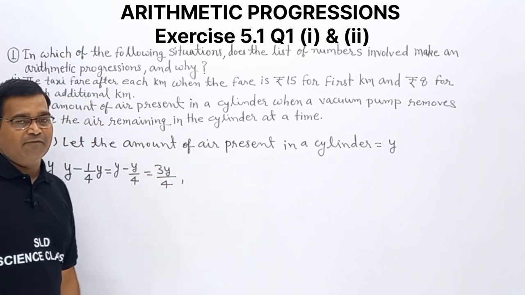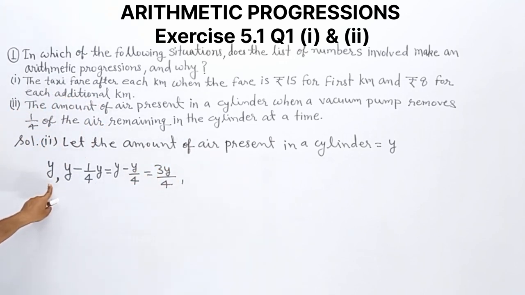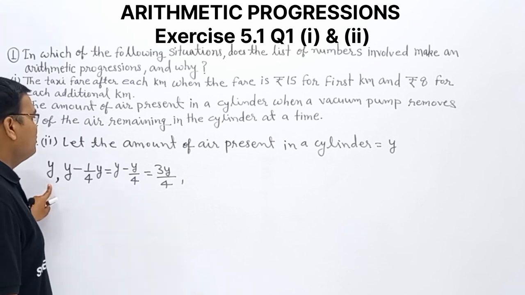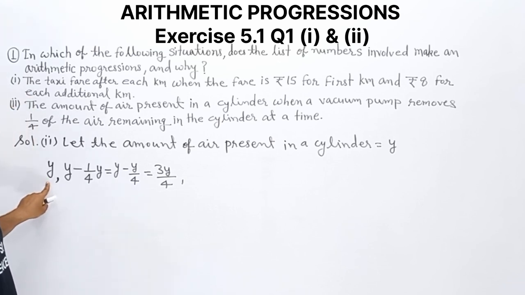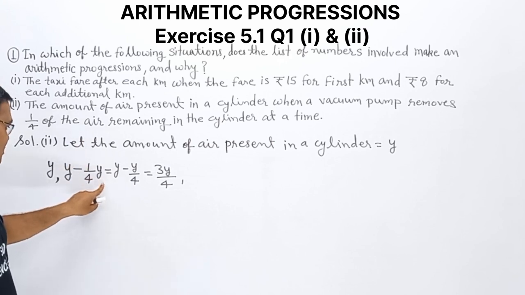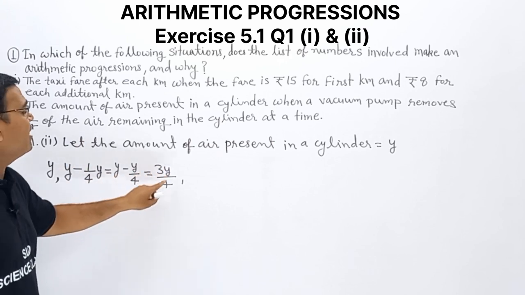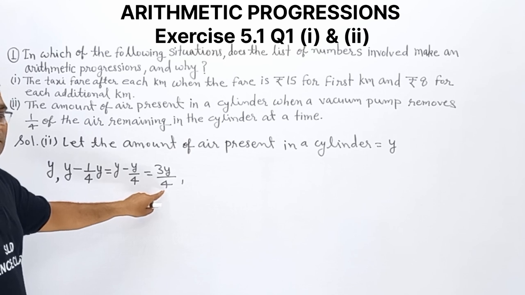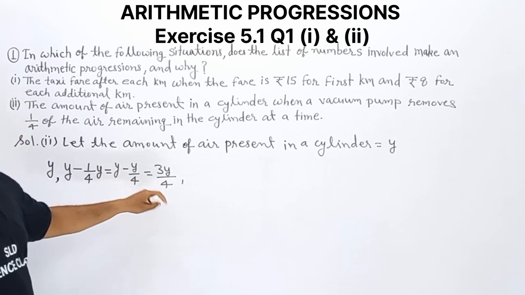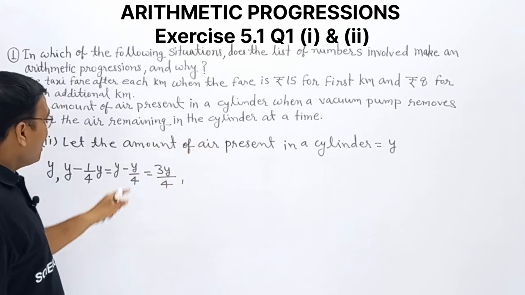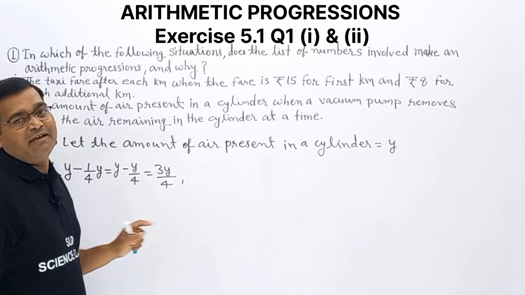Now in the cylinder, first time the amount of air present was Y. Once we removed 1/4 of the air present in the cylinder, we are getting 3Y by 4. After this, again, what will be the next term? Now in the cylinder we are having this air.